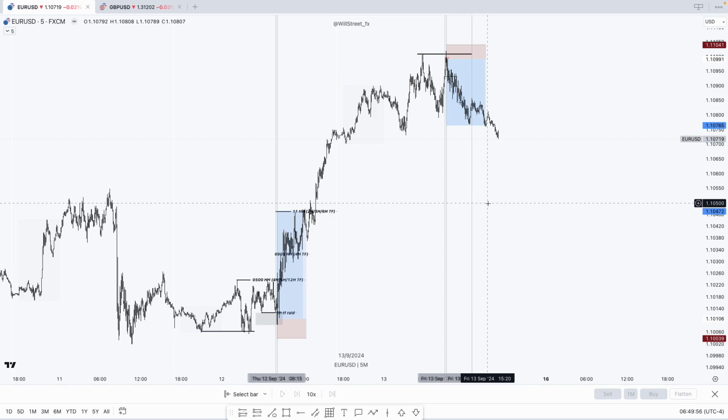Of course, you need to understand, or try to understand, where price is heading to. It's not necessary 100%, but it's important. But as I said, it's not the time yet.